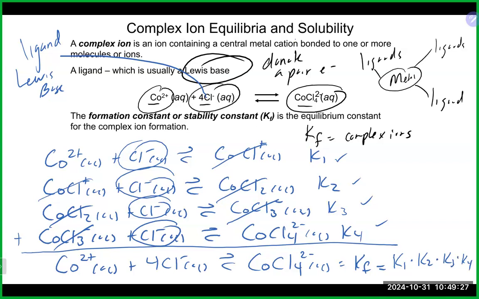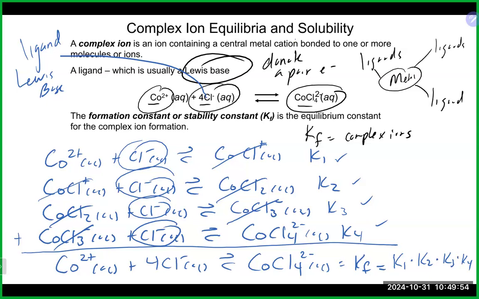Remember, when you add up equilibrium expressions, the K values get multiplied to figure out the equilibrium constant at the end. Any question on that? So sometimes in these problems, you will be given the overall reaction with the Kf value. Sometimes you may be given just the individual steps along the way, and you can add them together to get the overall reaction and the K value.